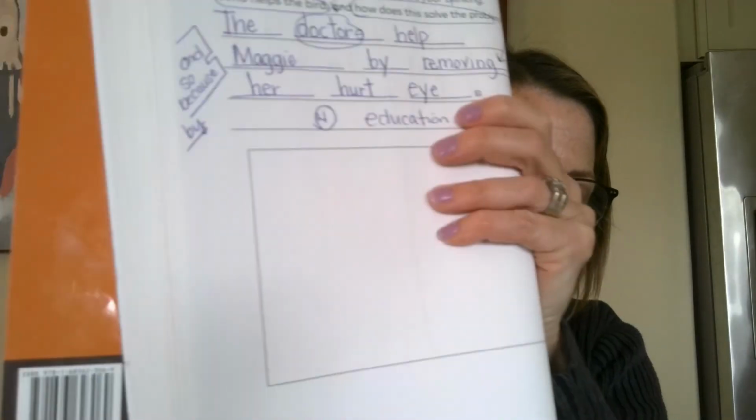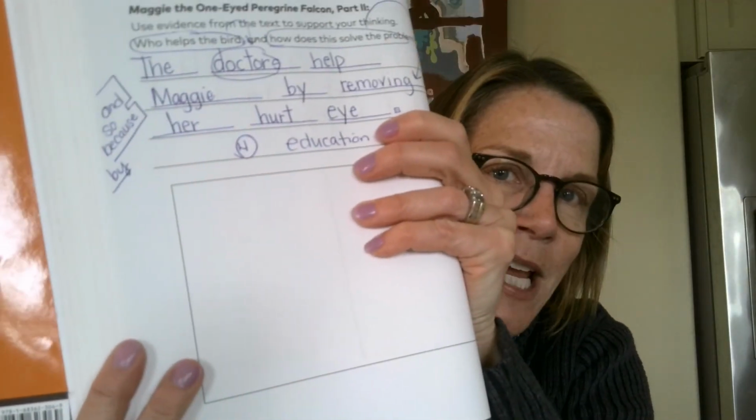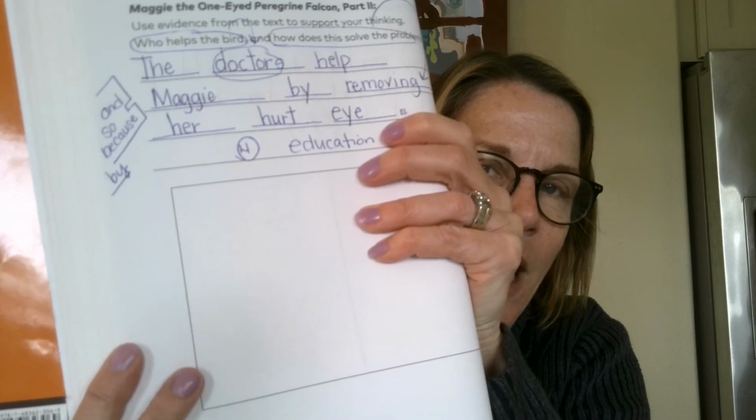Remember, for today's post, you will need to post a picture of your completed page 60 along with an illustration down here, and if you have time to color, I'd like that as well. And then I'm going to put a retell page on there as well where you can tell what happened in the beginning, middle, and end.